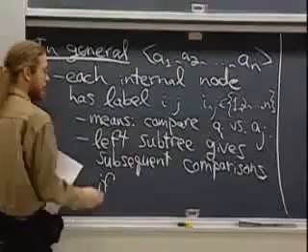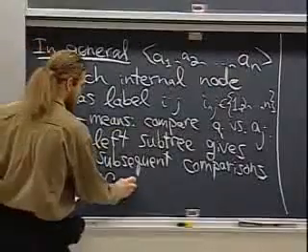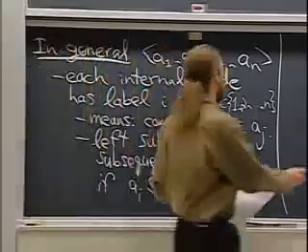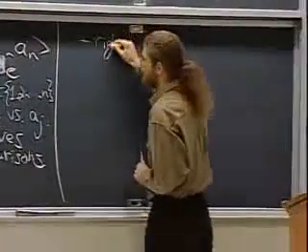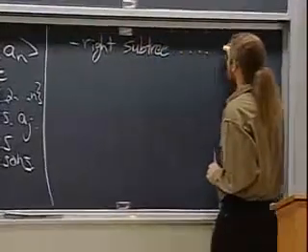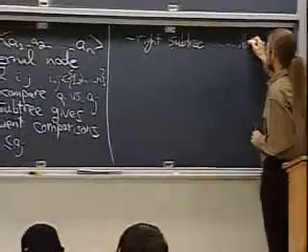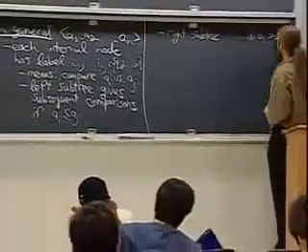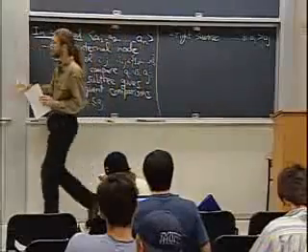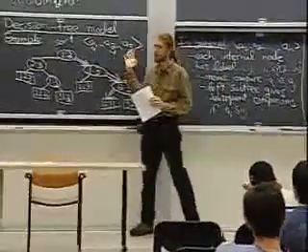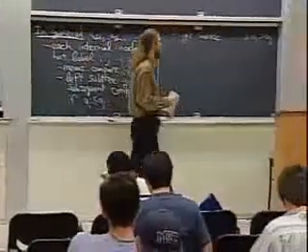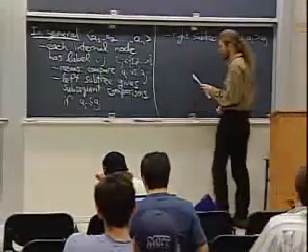And we have to be a little bit careful because it could also come out equal. So what we'll do is the left subtree corresponds to less than or equal to, and the right subtree corresponds to strictly greater than. So that's a little bit more precise than what we were doing here. Here all the elements were distinct, so no problem. But in general, we care about the equality case too, to be general.